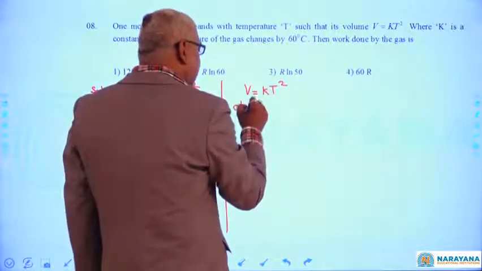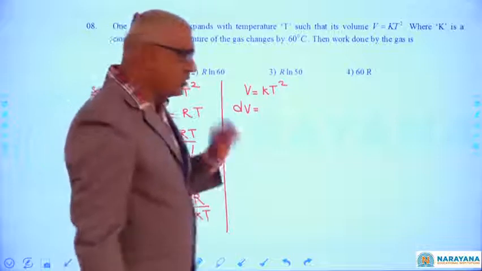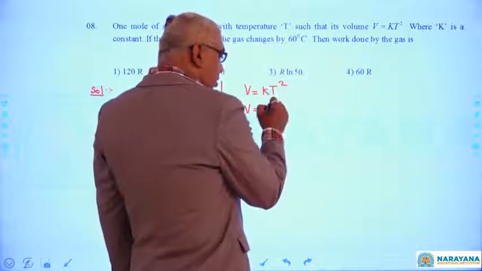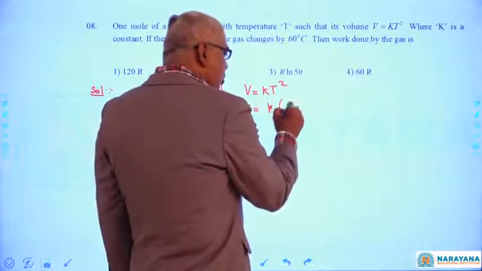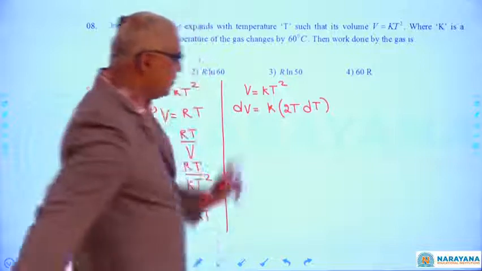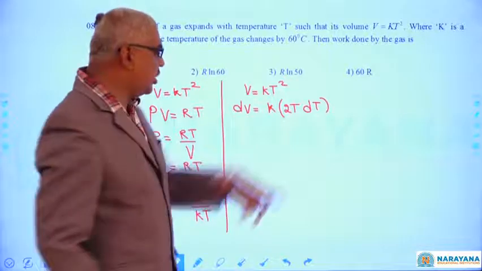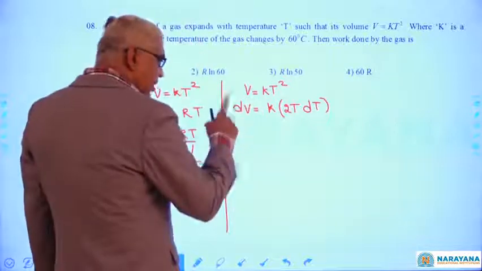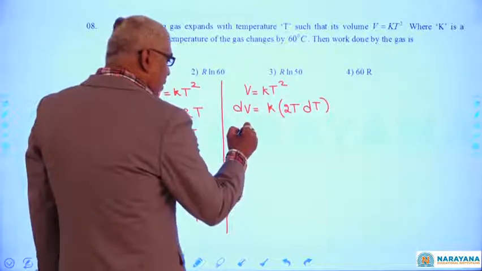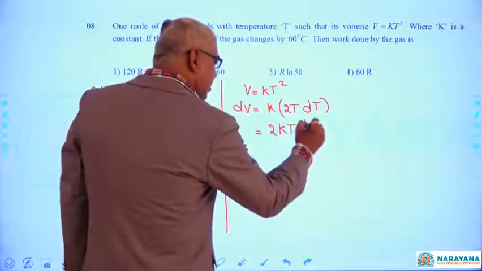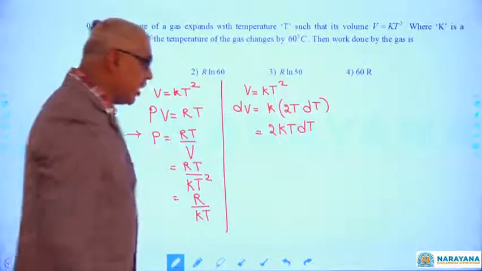Then dV is given as k into 2T dT. This is regarding the dV value. That is nothing but 2kT dT. Got the idea? 2kT dT.